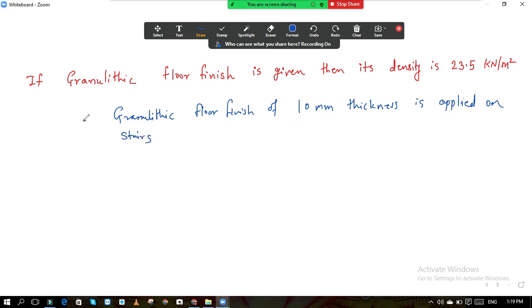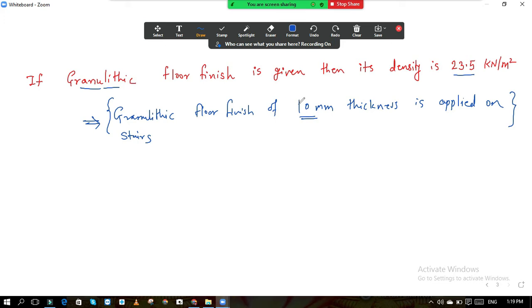This is an example I am taking for your understanding. Granulithic floor finish is one type of floor finish applied on the staircase. Now if this type of wording is there in the problem, a granulithic floor finish of 10 mm thickness is applied on the stair.